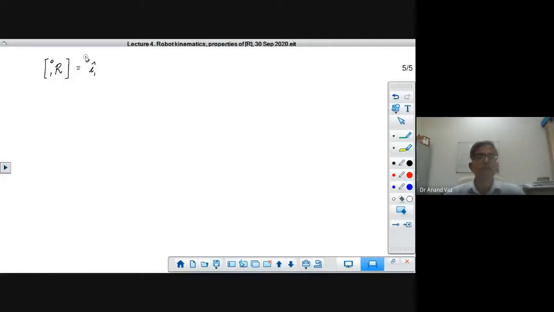Each one is a column. So this is the first column of R. The second column of R is here. And the third column of R is here.